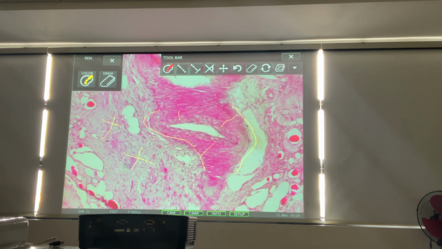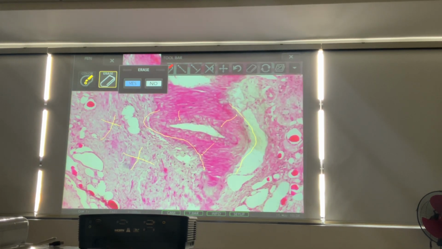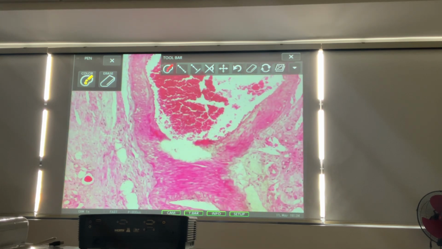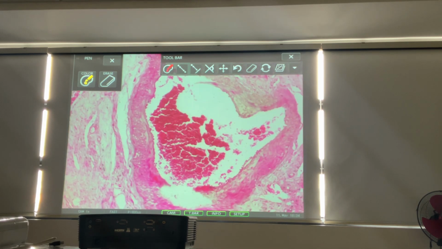That's why it will have arteriosclerosis, thickening and hardening of the walls of these blood vessels, so that they are less collapsible in response to the compressing tissue fibrosis in the background. You will see here, these are blood clots inside the thickened blood vessel wall.